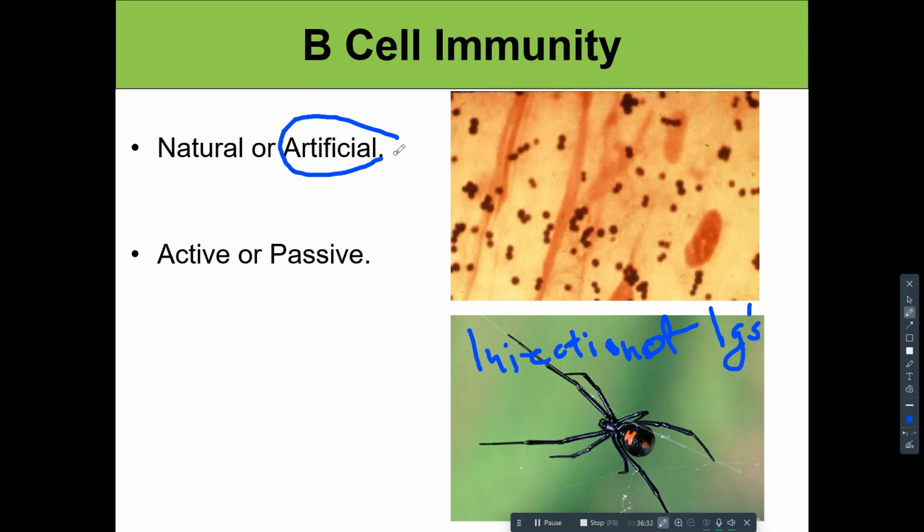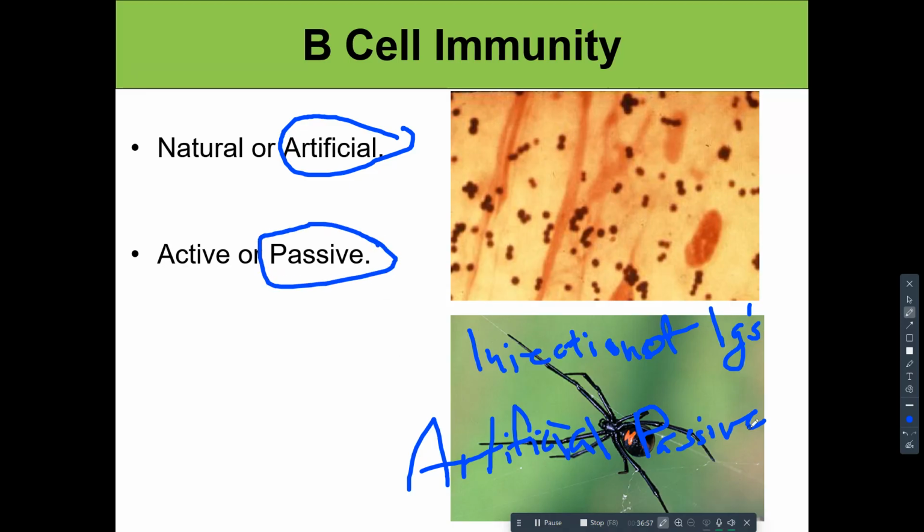That is, in fact, artificial. Now, does it sound active or passive? The person who got bit didn't make the antibodies that were injected. So this injection of antibodies, for example in response to a spider bite or a snake bite, is artificial passive immunity.